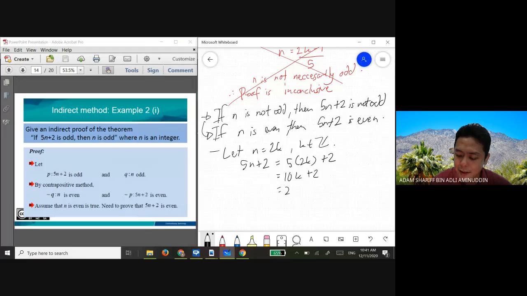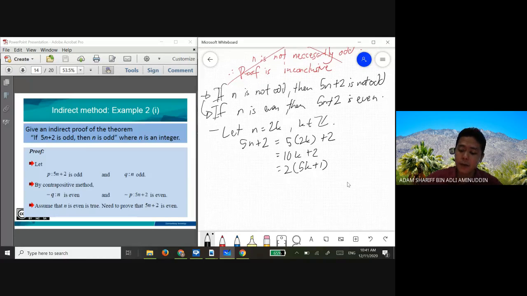Then we get a multiple of 2 here. Then as k is an integer, 5k plus 1 will also be another integer. 2 times (5k plus 1) equals 2l, where l equals 5k plus 1, and this l is definitely an integer.